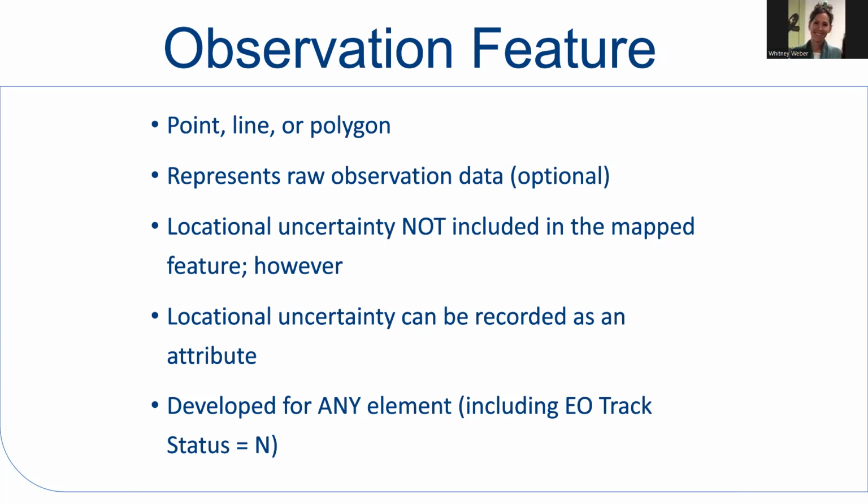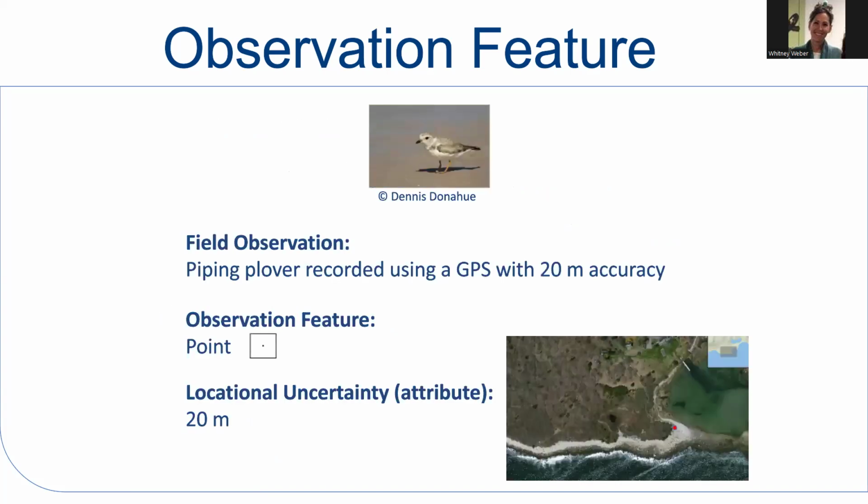And it can be developed for any element. In this example, we have a piping plover, which was recorded with the GPS with 20-meter accuracy. So the observation feature is a point, and the locational uncertainty is recorded as an attribute as 20 meters. So that mapped feature is recorded as this point here.